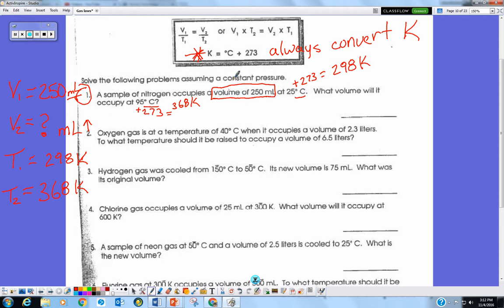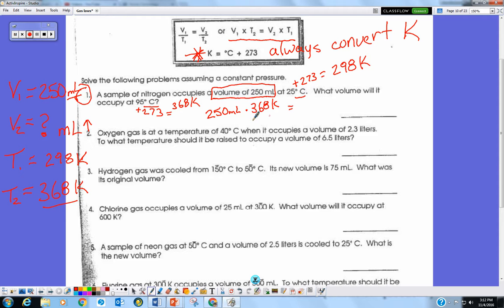So setting this up, I'm going to use this setup just because I like it a little bit better. Let's go ahead, plug in our information. Volume 1 is 250 milliliters times temperature 2, which is 368 Kelvin.